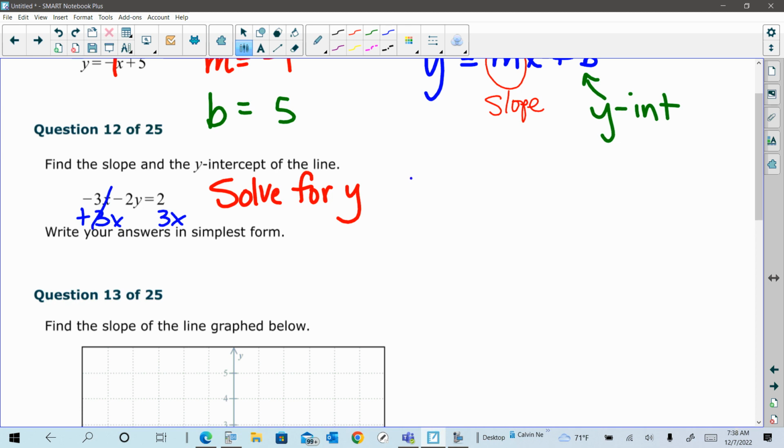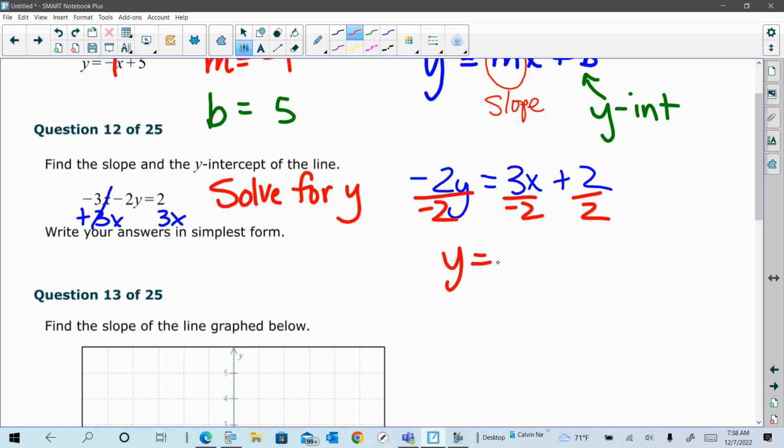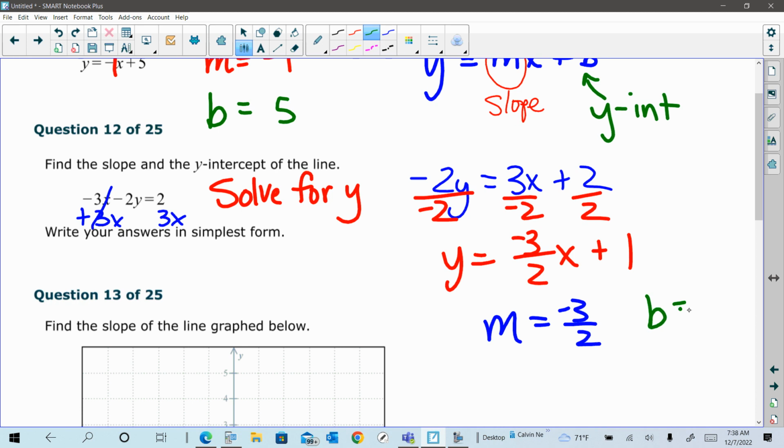So this becomes -2y equals 3x plus 2. And then just divide everything by the coefficient, by that -2. So y equals -3/2x plus 1. And now I can see that my slope is -3/2. And the b, the y-intercept, is 1.